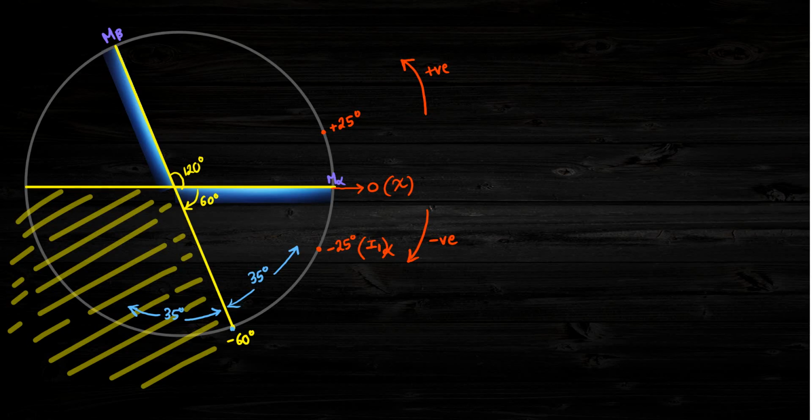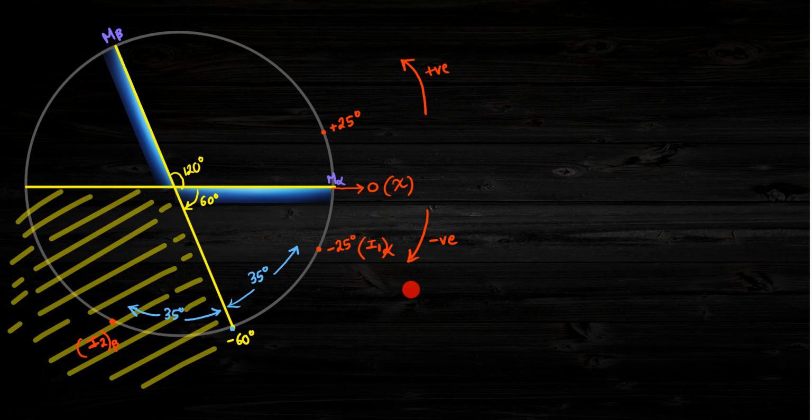That means the next image, which I choose to name as I2, and since this got reflected from the extended mirror M beta, I choose to name this image as I2 beta. So this image is at an angular distance of 25, 35 and 35. That means 95, or you can measure it as 60 plus 35, which is 95.